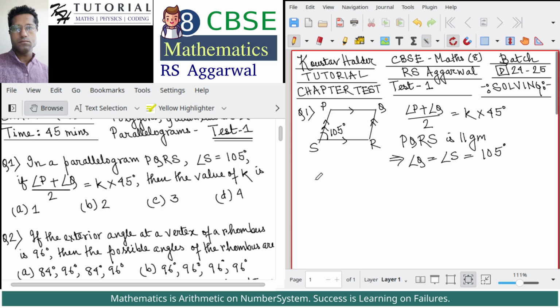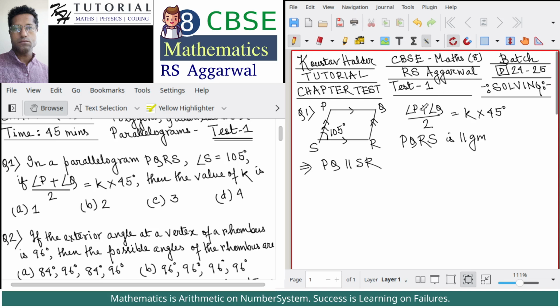What is P? I don't think the diagonal AC is required; this is not required at all. We can find straight away the value of P plus Q. Since PQRS is a parallelogram, PQ is parallel to SR. Now, P plus Q, this angle.